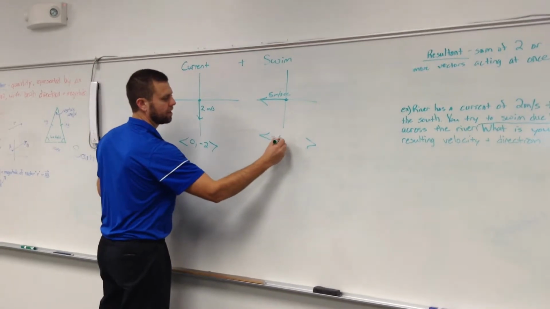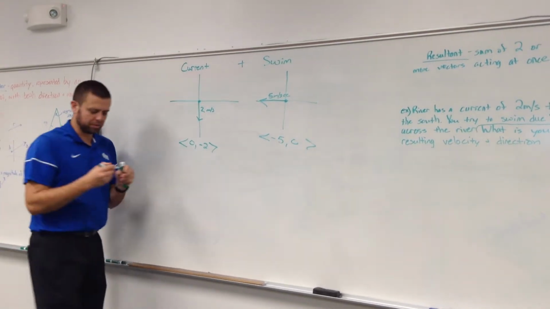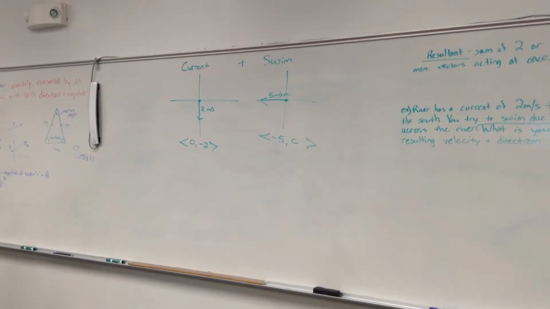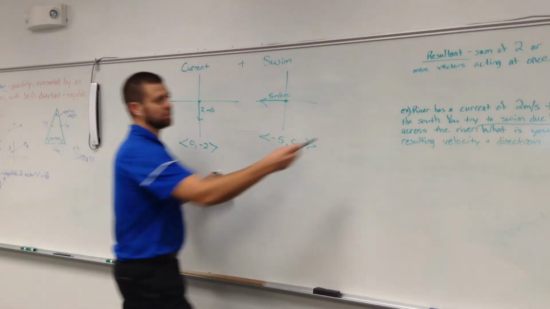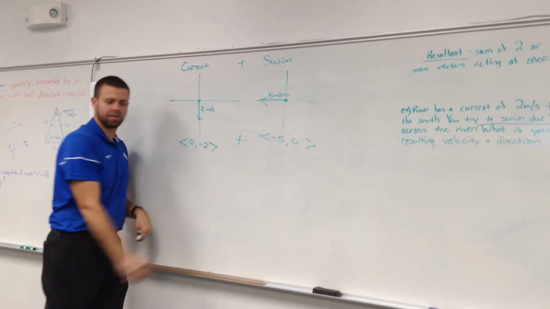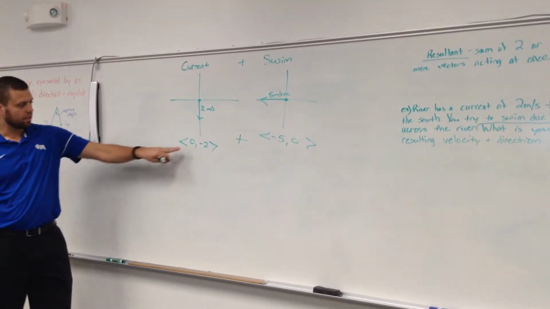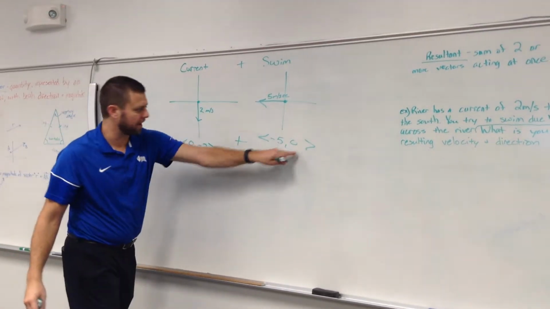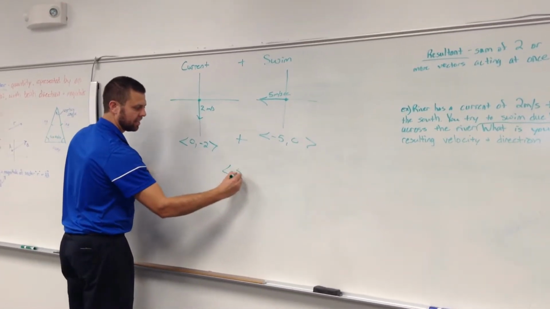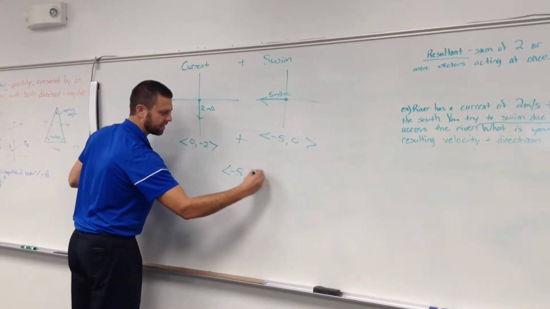Good. And if I want to know the resultant of those two vectors acting at the same time, a resultant, remember, is just a sum. So I'm just going to add them together. 0, negative 2 plus negative 5, 0. I add the x's, I add the y's, and I get negative 5, negative 2.